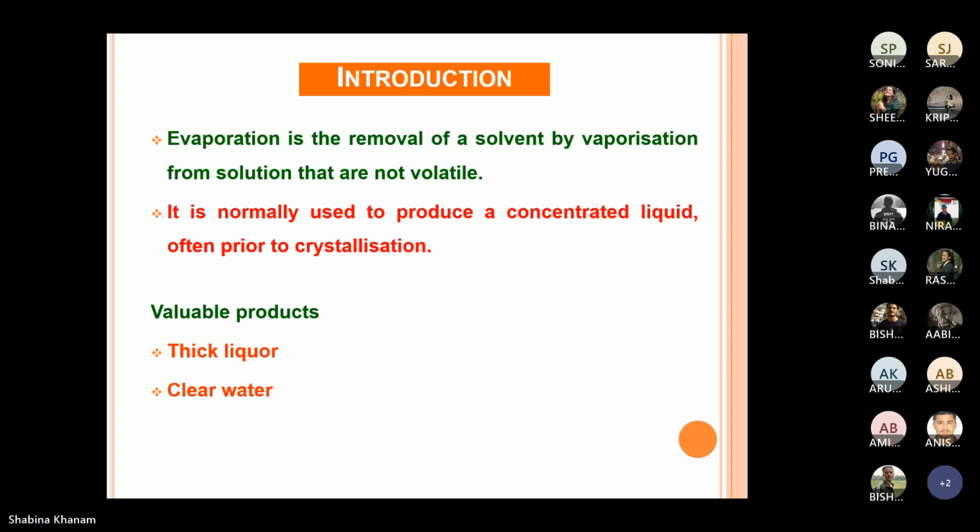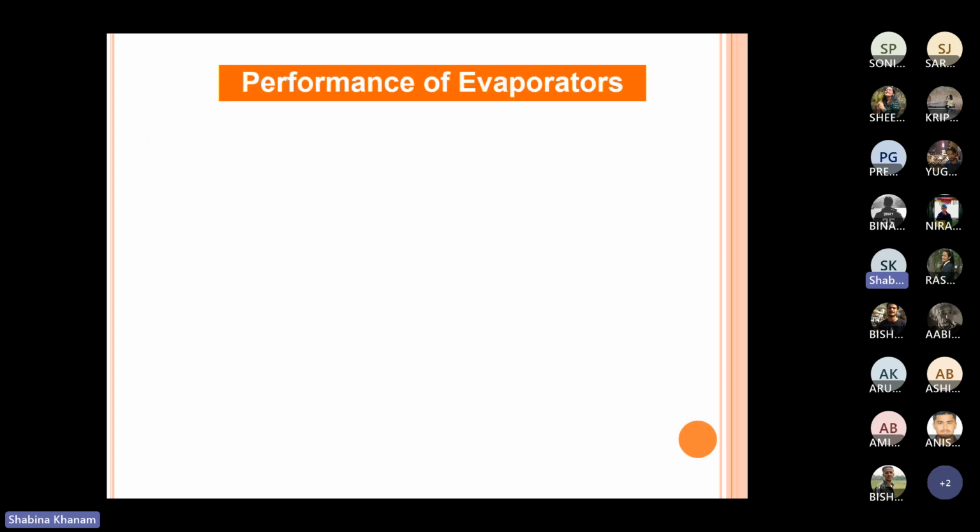In that way you can consider the products we have out of evaporation. Once we have understood the evaporation and the products, we will see how the performance of the evaporator will be judged.